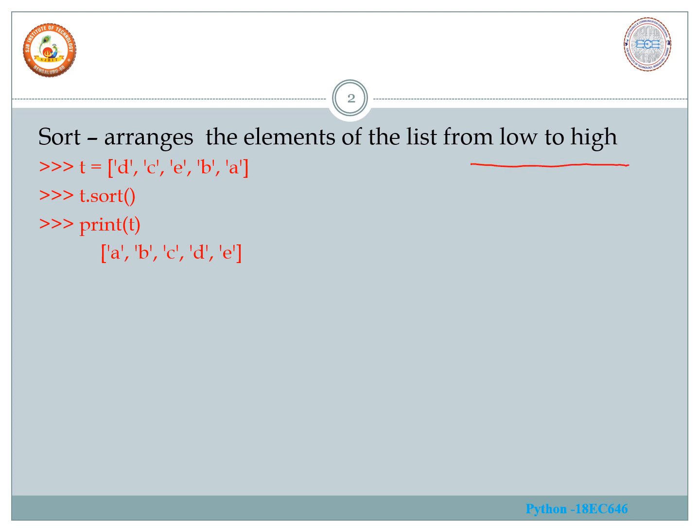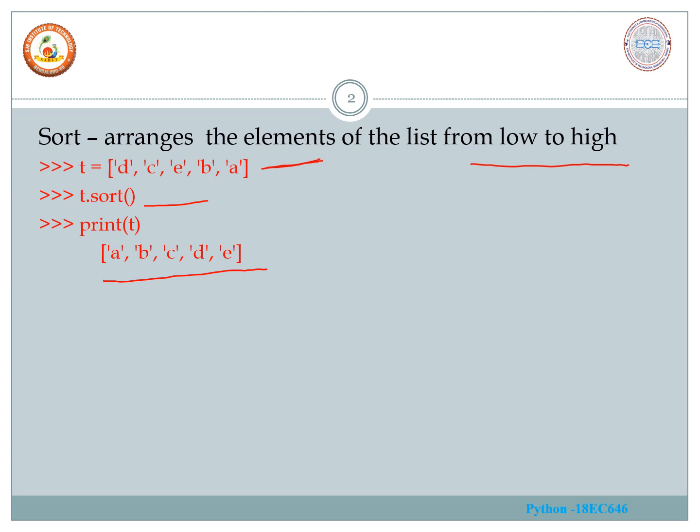When I use a list with some values and apply the sort method, the order of the list will be arranged in ascending order, that is from low to high.